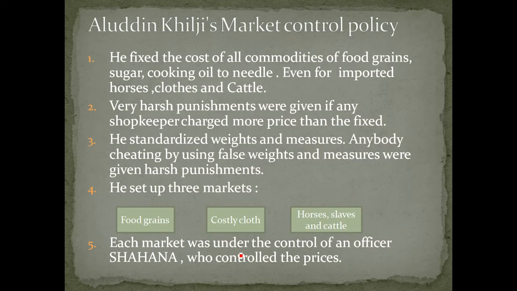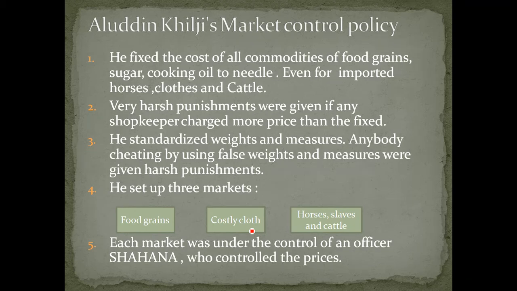Right. Now the most important one, his market control policy. You must have heard the term maximum retail price, MRP. Now I am very fond of my chocolate. So the MRP of a Cadbury's is rupees 20, which means that no shopkeeper can sell that chocolate for more than 20 rupees.